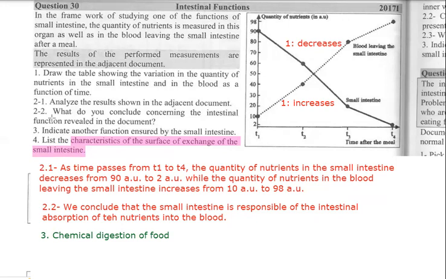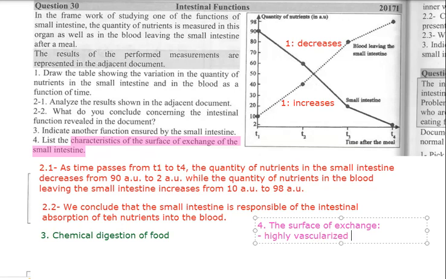This is because, and if you watched the lecture explaining the lesson, you'll know that the surface of exchange is highly vascularized.